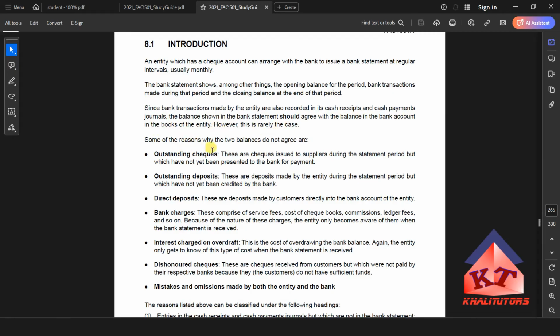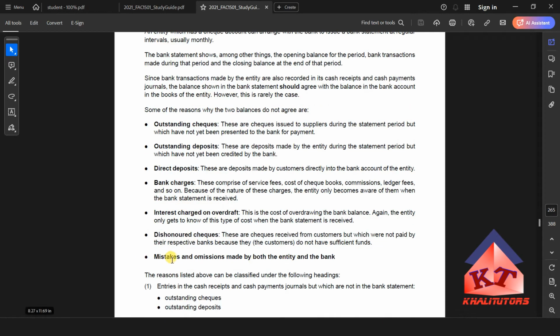Some of the reasons why the two balances do not agree are outstanding checks, outstanding deposits, direct deposits, bank charges, interest charge on overdraft, dishonored checks, and mistakes and omissions made by both the entity and the bank.